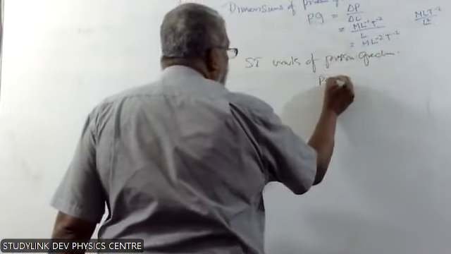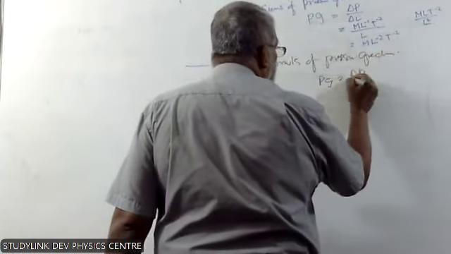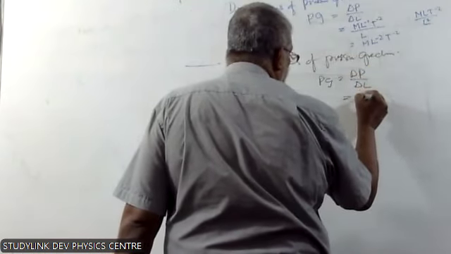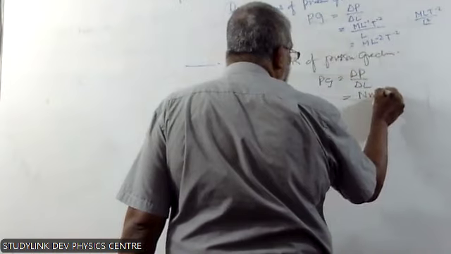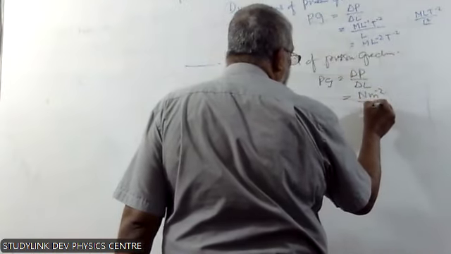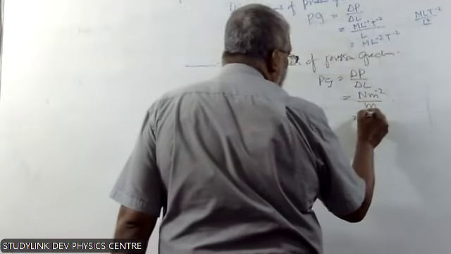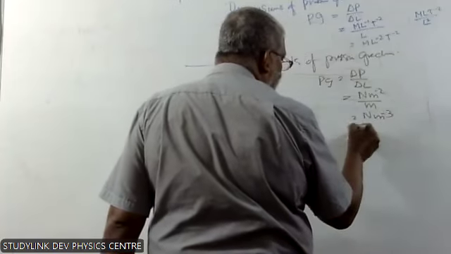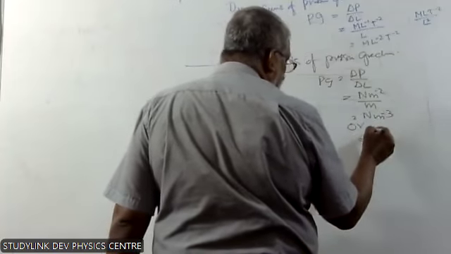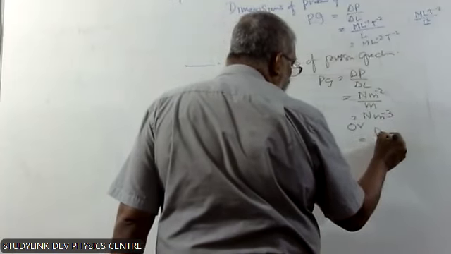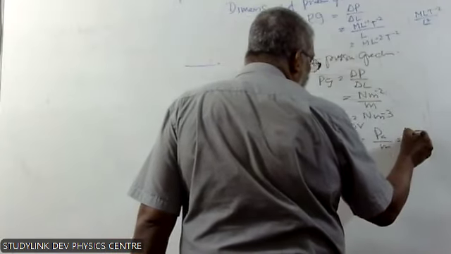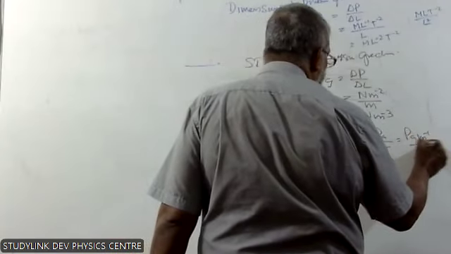Again, pressure gradient is equal to delta P over delta L. SI units: Pascal or Newton per square meter, divided by meter, delta L, then N m minus 3. Or again, delta P is Pascal divided by meter, then Pascal per meter. Both are correct.